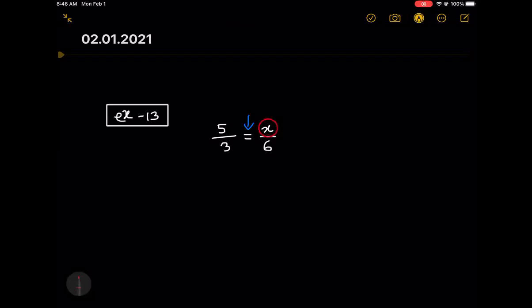That means from this equality, we're trying to find the value of x which will keep the values of this equation intact. That means we're trying to find the value of x for which the left-hand side and the right-hand side of the equation will be equal.